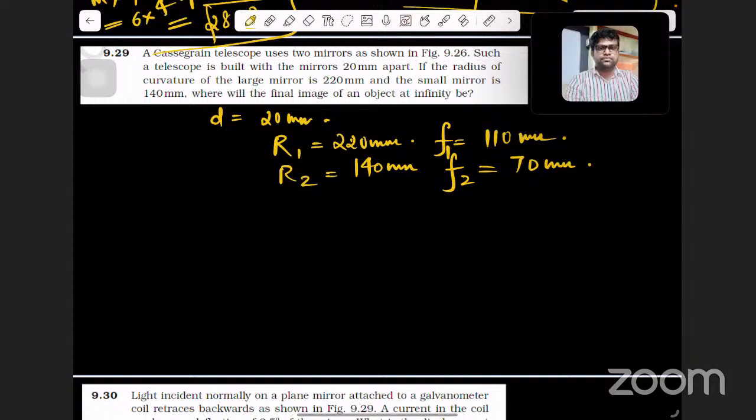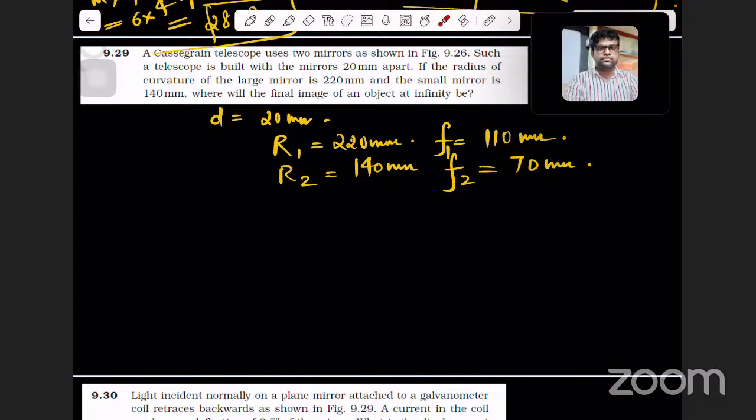Now, the object is placed at infinity, and the image will be formed by the objective mirror. For the objective mirror, the object is at infinity, so the image will be formed at the focal point. That image will act as the object for the secondary mirror.